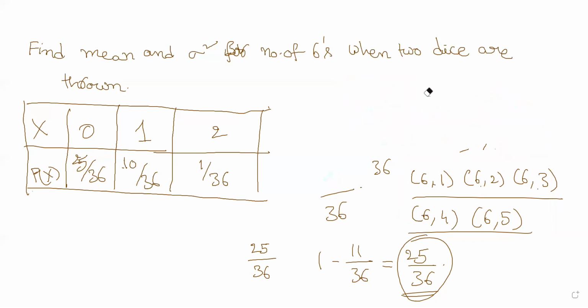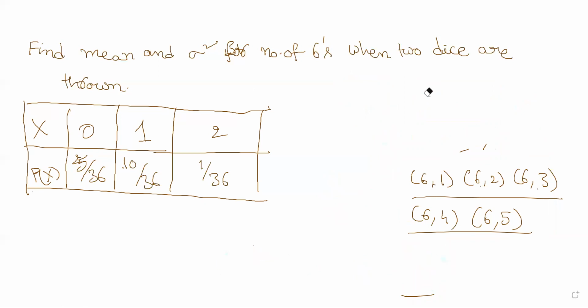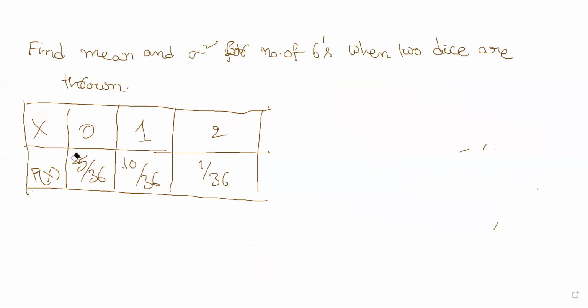Now, how do you find a mean? Check whether the sum of probabilities is 1. So it is 10 plus 25 plus 1, that is 36 by 36, which is 1. So you can apply the mean formula.